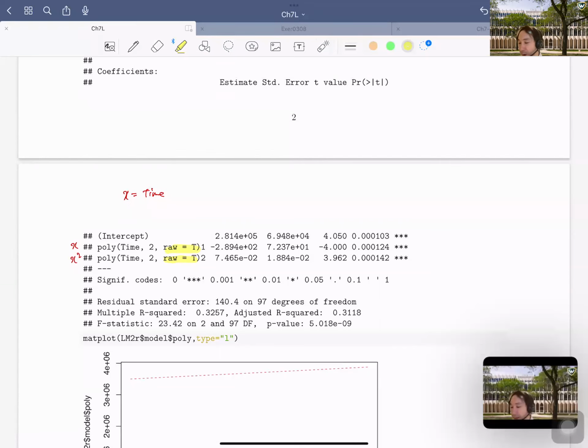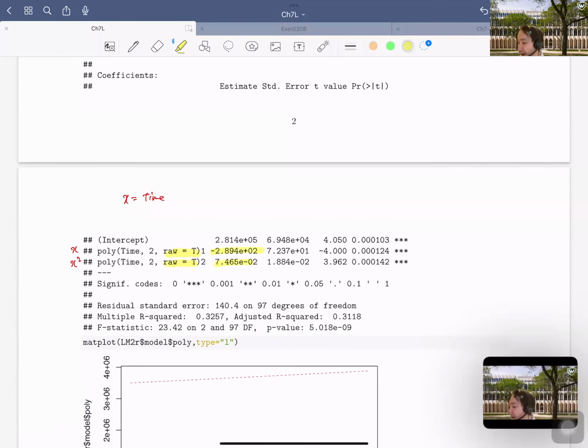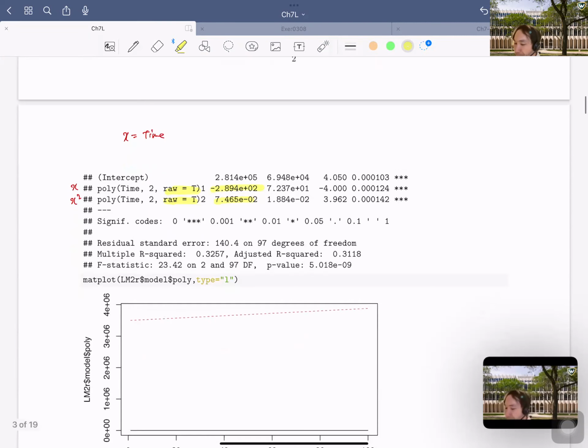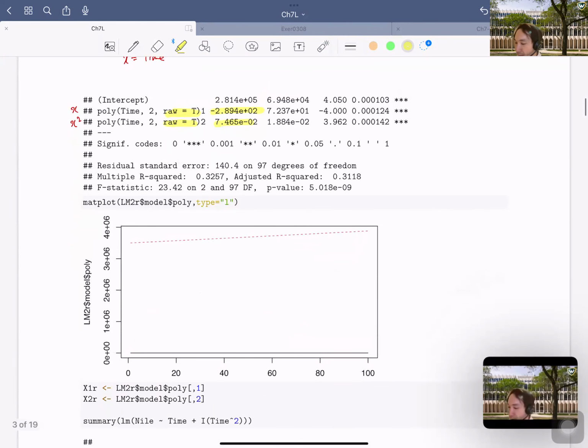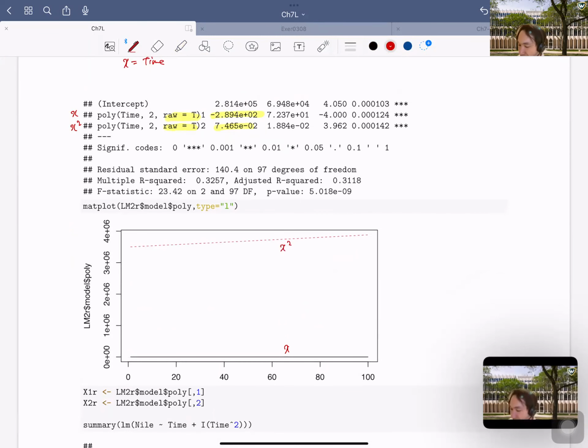We have the coefficient for the intercept, the coefficient for x, and the coefficient for x squared. These look different, but the fitted values are the same. In this case, x and x squared look like this: this is x and this is x squared, so time and time squared.